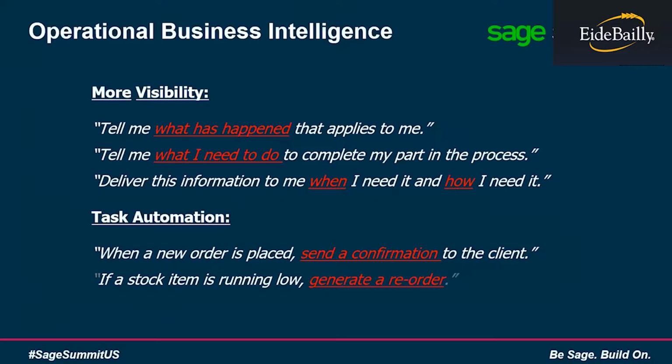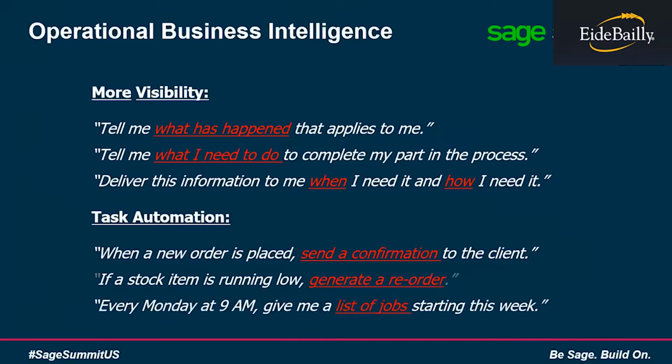If an item is running low in inventory, has dropped below its reorder level, or is within 10 or 15% of its reorder level, let's have an automated process that generates a purchase order for that part and automatically delivers that purchase order to the corresponding vendor. Simply those tasks that right now are being done manually that should be and can be automated through operational business intelligence.